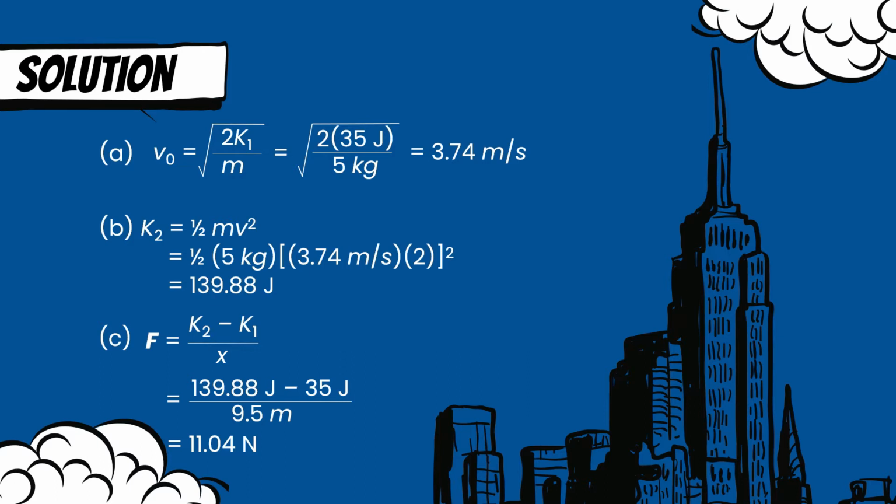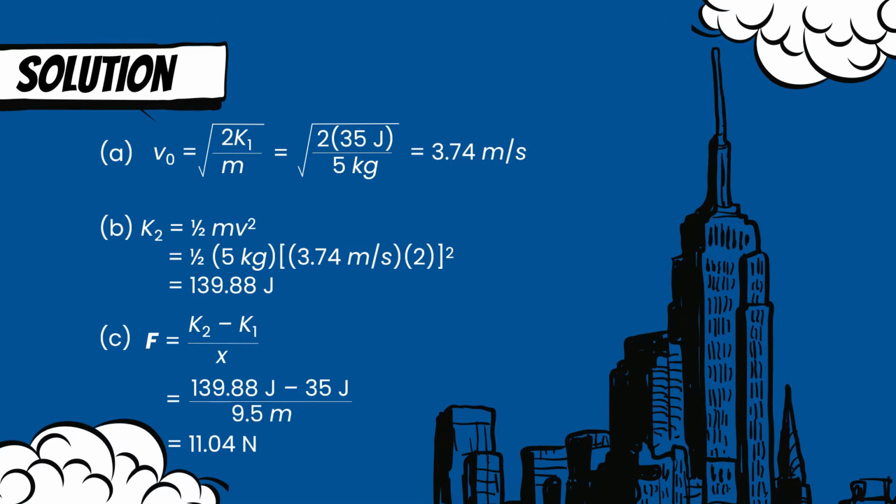Now, to determine the kinetic energy after traveling 9.5 meters, we have K sub 2 is equal to 1/2 mv squared. Then we have 1/2 times 5 kilograms times 3.7400 meters per second times 2 squared. And that yields 139.88 joules.